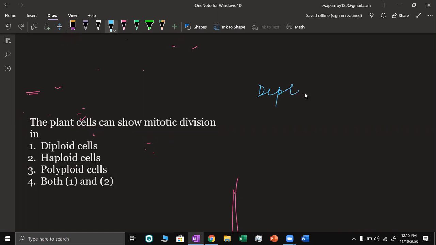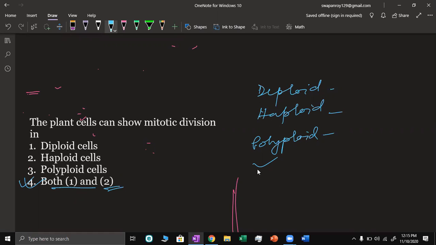Diploid cells can divide, haploid cells can divide, and polyploid cells can also divide by mitosis. So our answer is that both diploid and haploid cells can.